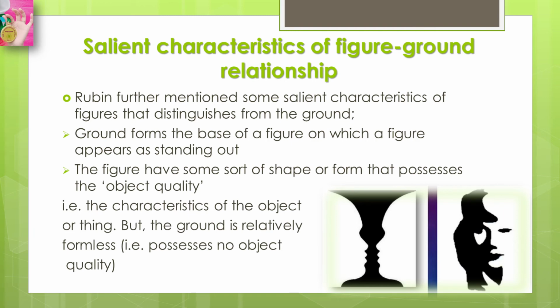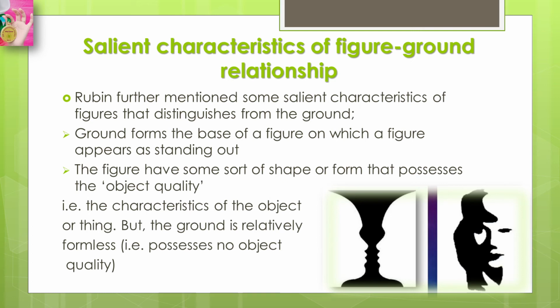The first one is that the ground forms the basis of a figure, on which the figure appears as standing out, and the figure has some sort of shape or form that possesses the object's quality, that is the characteristics of the object or thing.